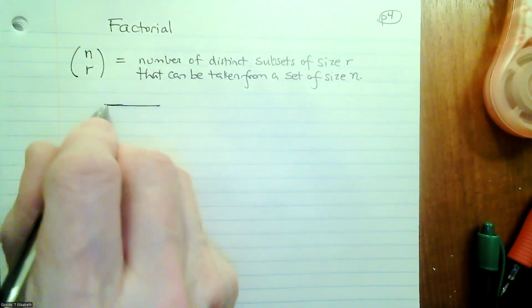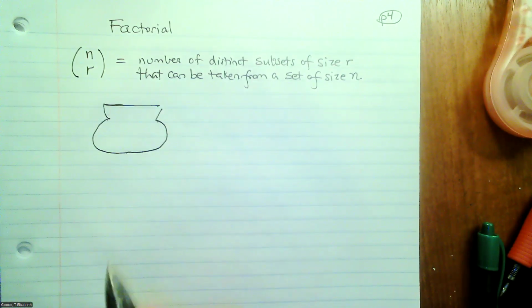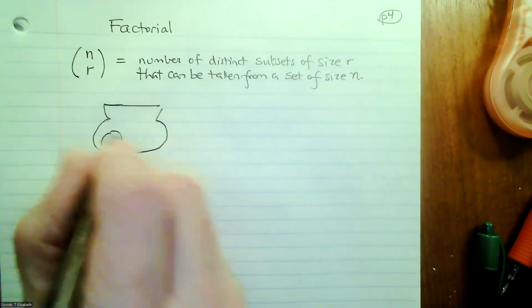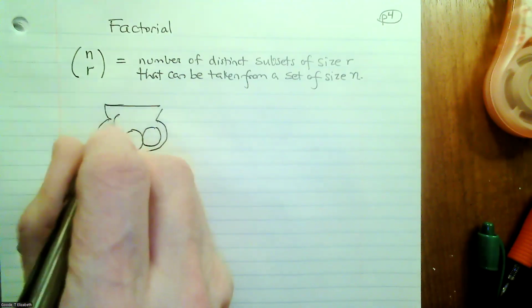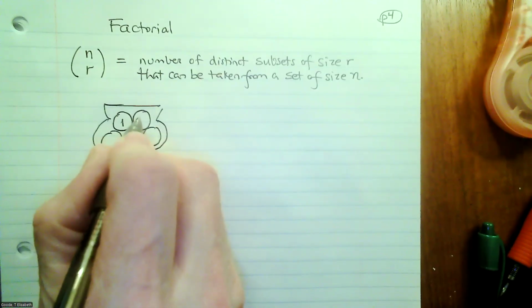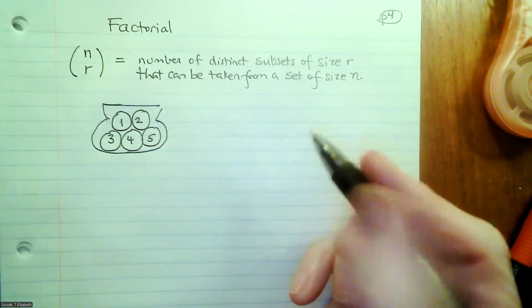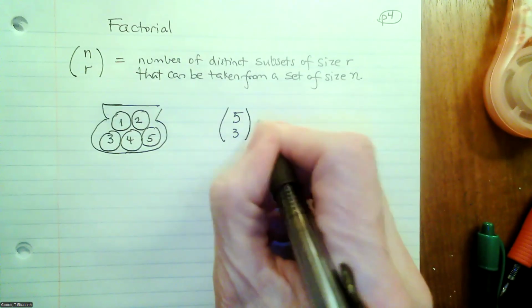So I think our example turns out to be just the right size to think about what this really means: to look at an urn or a bowl. It's got 5 balls in it. We can number them 1, 2, 3, 4, 5. And so we could ask, what is 5 choose 3?